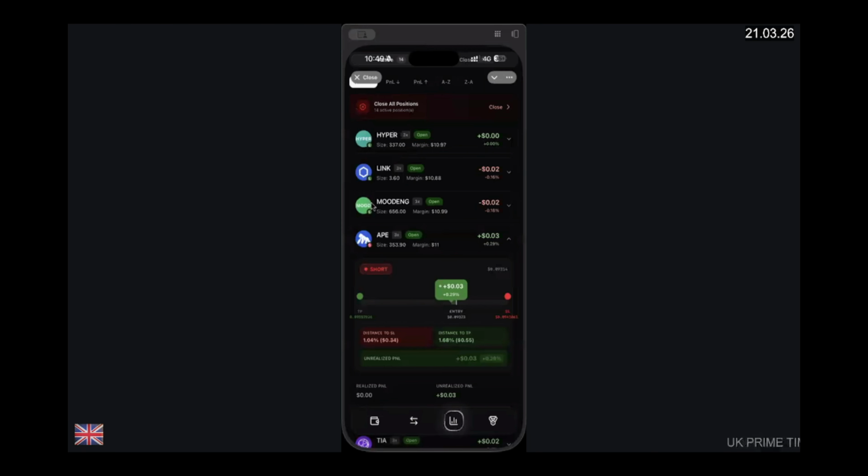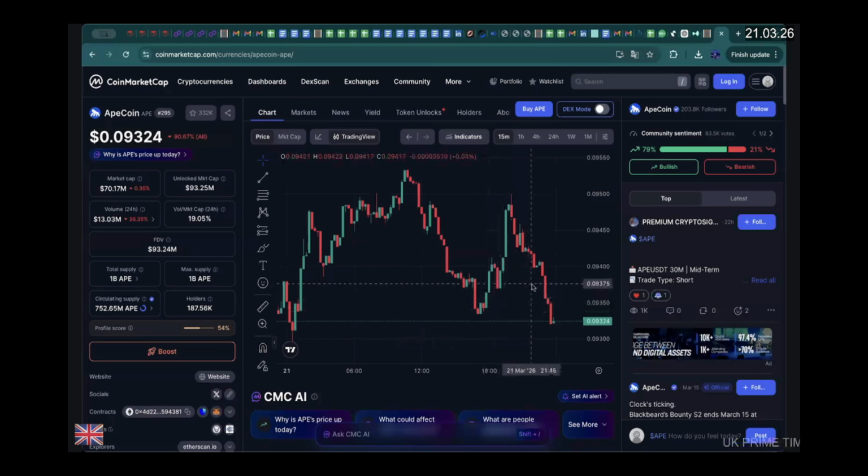We will see the candle of Ape moving, and look, there's a green candle. I will use my phone now.